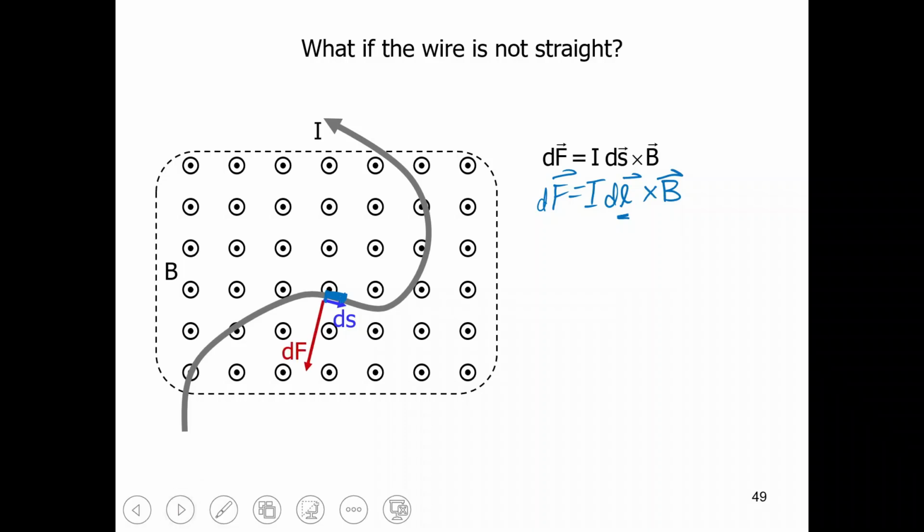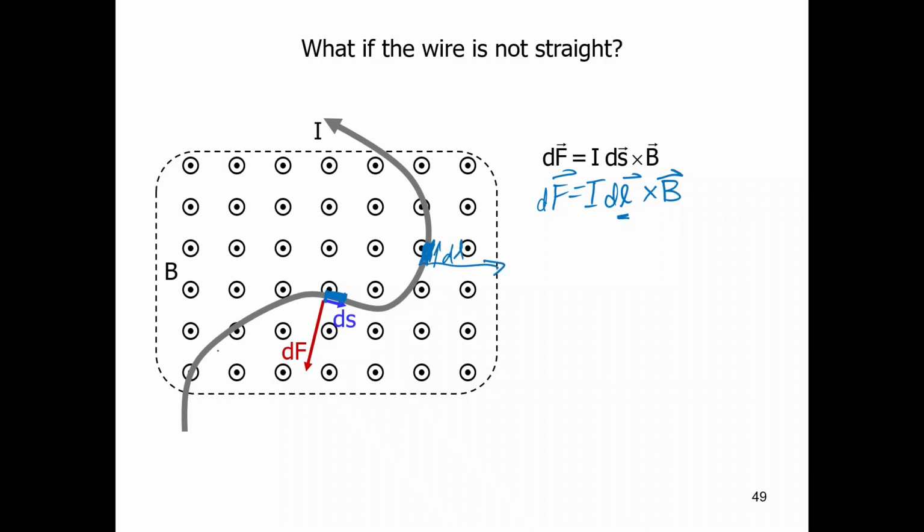In this case, I would have to have my palm facing up out of the page, fingers kind of down into the right. That puts my thumb kind of down into the left for the little tiny force for that section. But if I was to pick a different section, say I was to pick this little section of the wire right here, then I'm going to have that dL or that dS right there, and then my force is going to go that way.